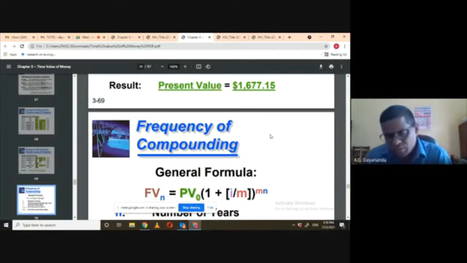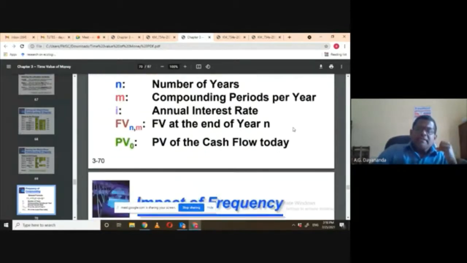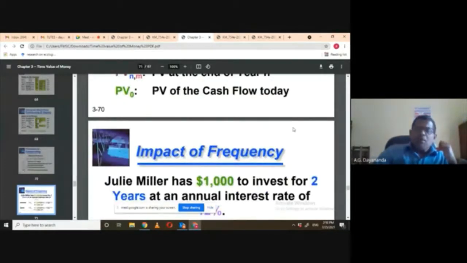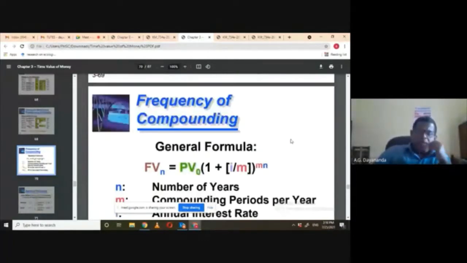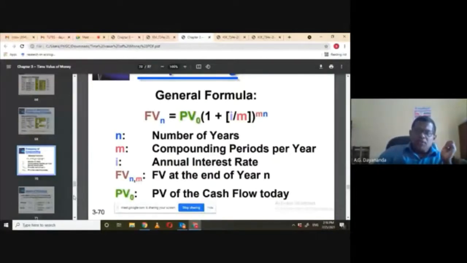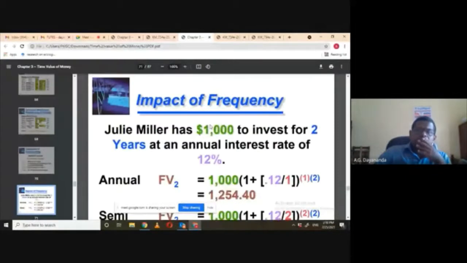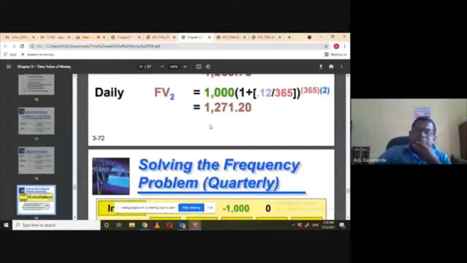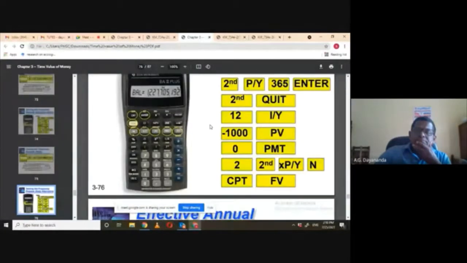of compounding. Now, if you are looking at the frequency of compounding, you may talk about a particular interest rate which is called the effective interest rate. How we are going to calculate the effective interest rate is here.